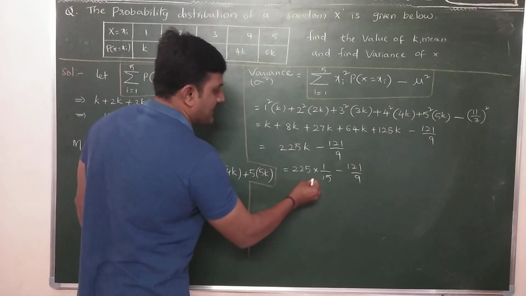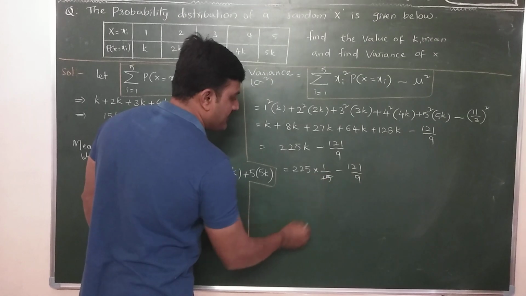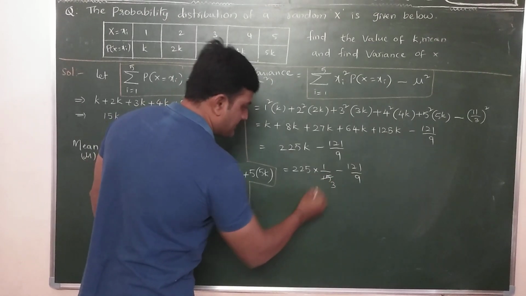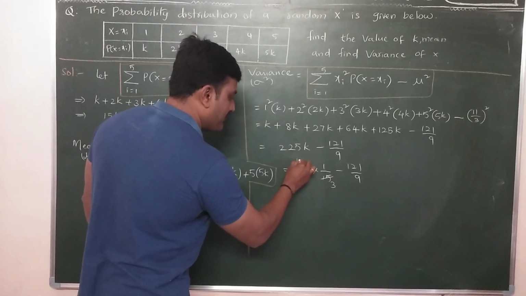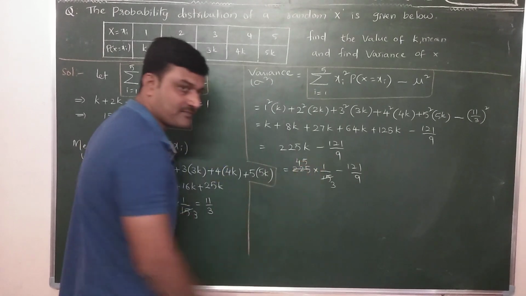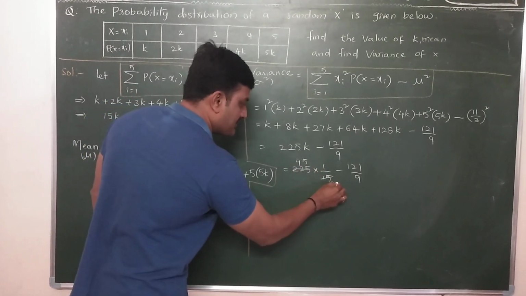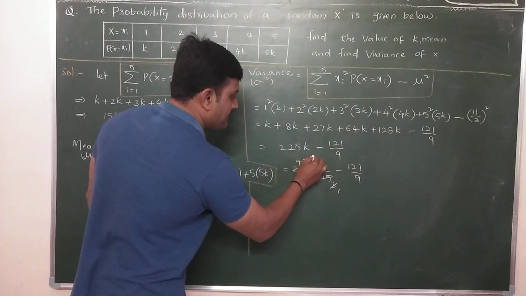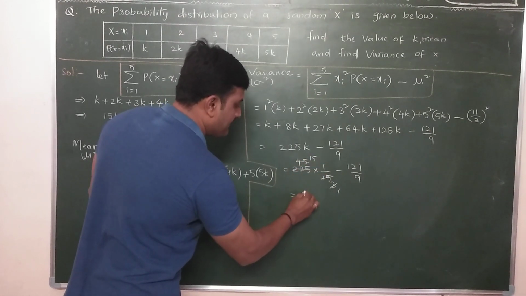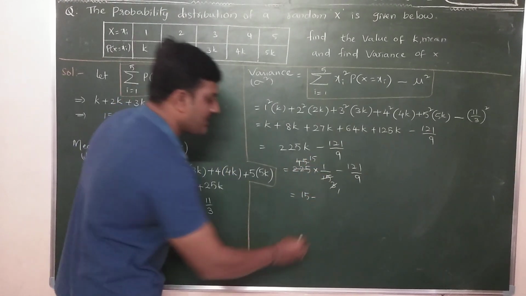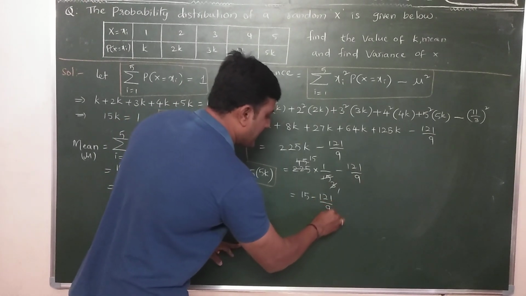Now here the cancellation is like this: 15 divided by 15 is 1, 225 divided by 15 is 15. Then 15 minus 121 by 9.